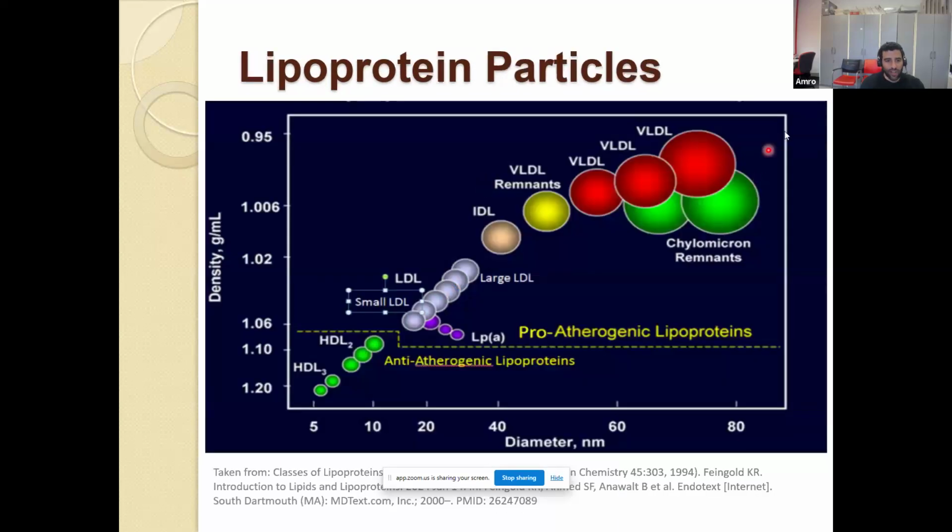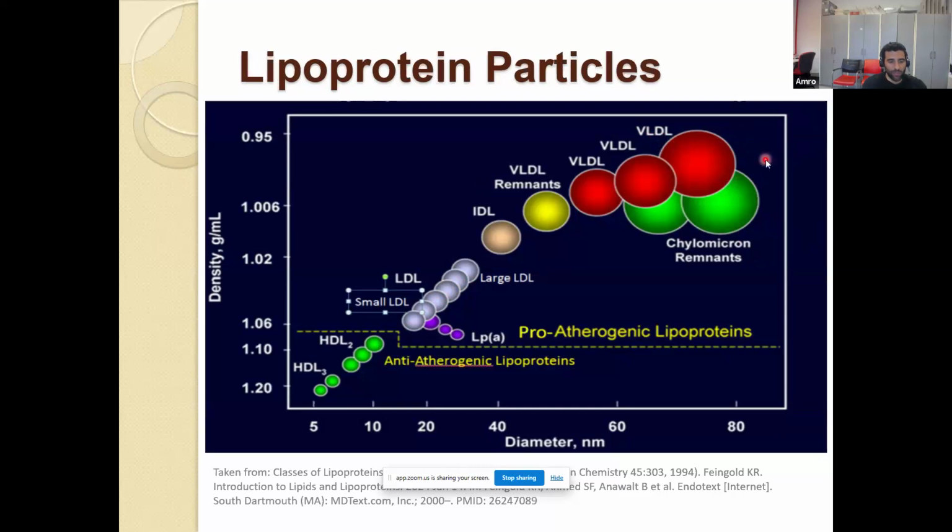Now, I'm sorry, I haven't got a slide here. There should have been another picture here of a chylomicron. Chylomicrons are really big. They're about 100 times bigger than the next biggest lipoprotein particle, which is VLDL, very low density lipoprotein.